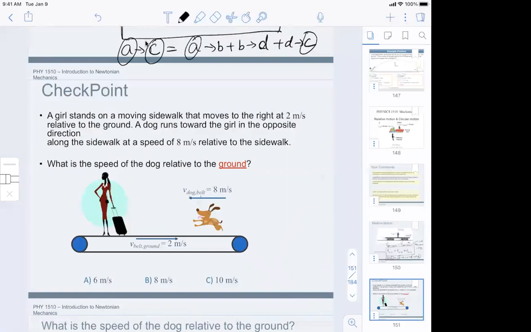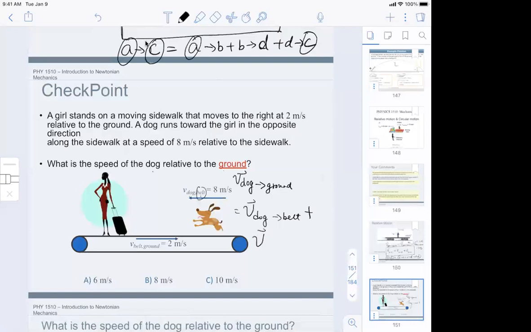Okay, so let's use the equation we have just developed to solve this. So the velocity of dog relative to ground, this is what is asked, dog to ground, is going to be what is given, dog relative to what? To the belt, that is given, plus, so what is the second velocity?